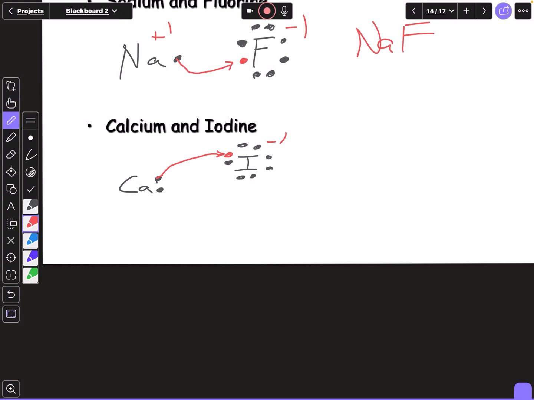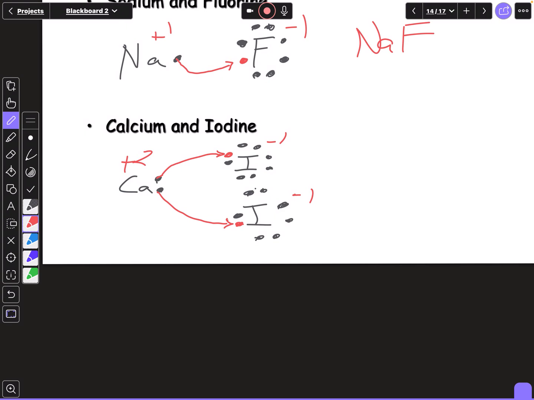Well, it's going to take another iodine, because calcium needs to lose that other 1 valence electron, and when it does, it forms a +2 ion, and then you have 2 iodine ions.